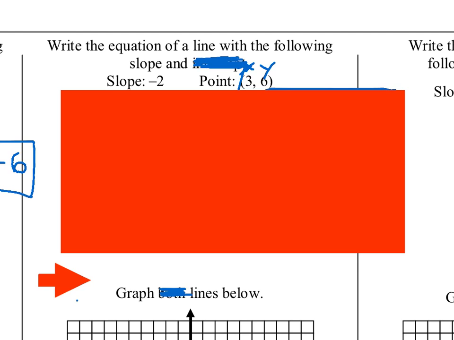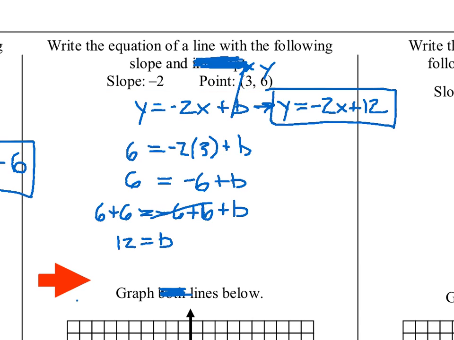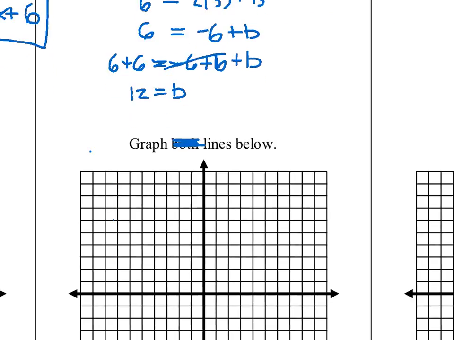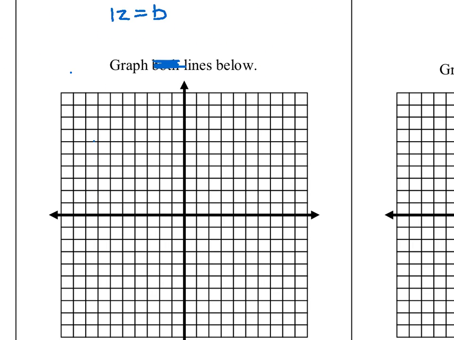I would go straight to the middle and look up the point 3, 6, and then I'll do the slope going down 2, and to the right one. So he's telling me to go to the point 3, 6 and follow the slope negative 2, 1, negative 2, 1, following the slope.